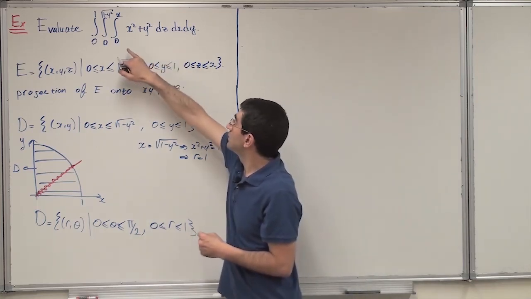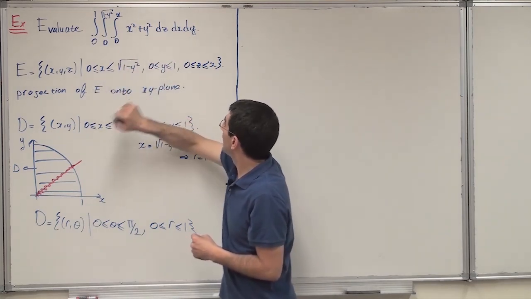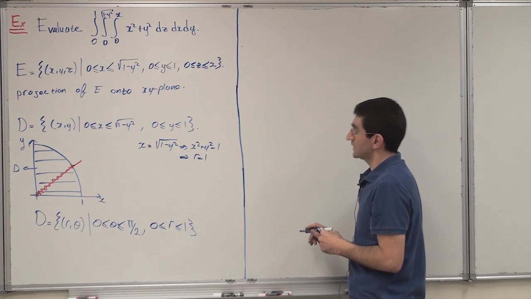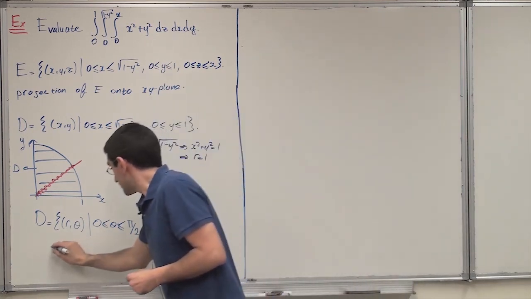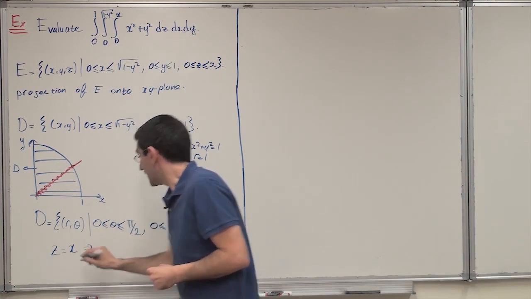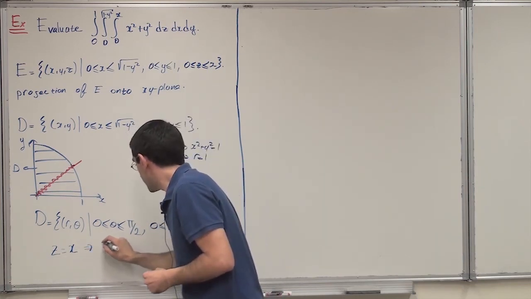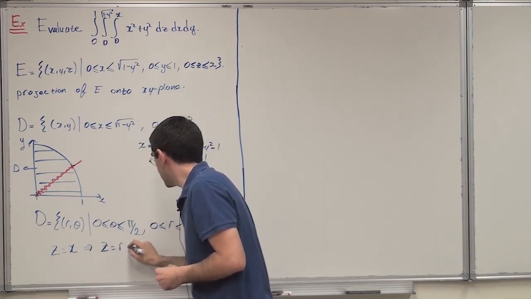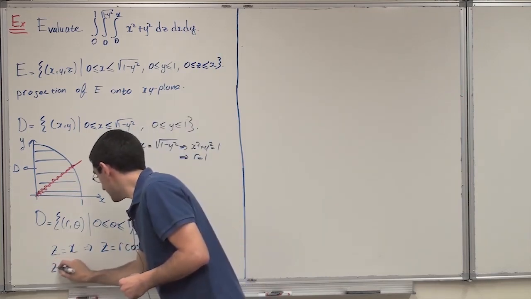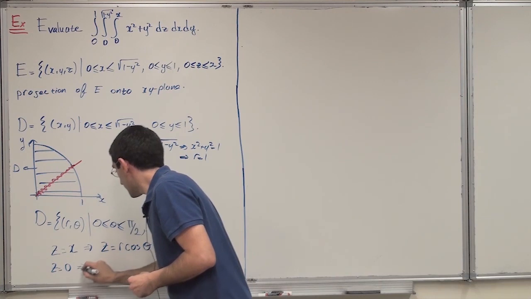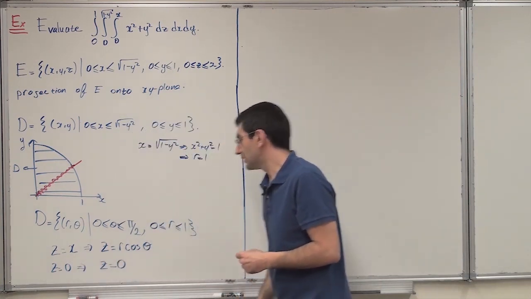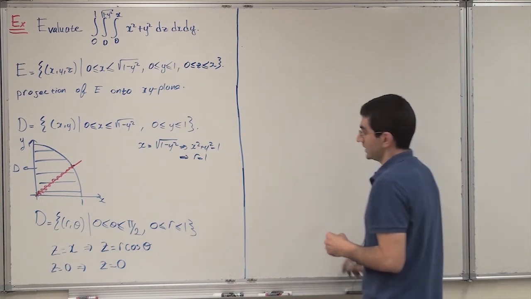Now, we need to express the boundaries of z also in cylindrical coordinates. So, z is equal to x in Cartesian coordinates, and in polar coordinates, z is equal to r cosine theta, and z is equal to 0 in Cartesian coordinates, it's still equal to 0 in cylindrical coordinates.